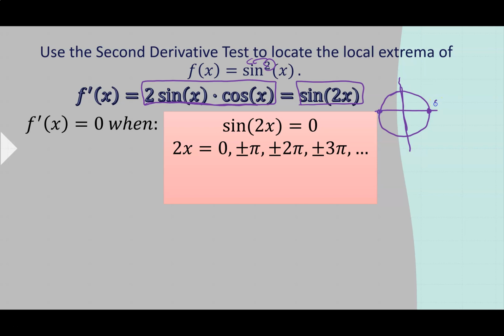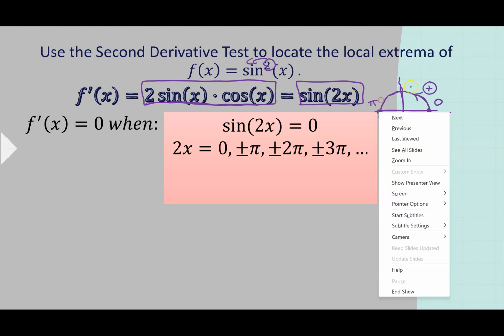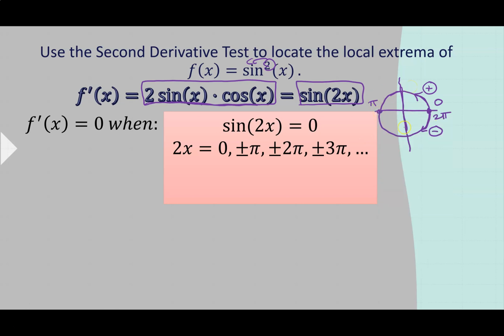So if you think about it, that's 0, that is pi, and 2 pi, and then you keep going, that's 3 pi, and so on, if you were going in this positive direction. And if you go in this direction, you will have the negative direction, but still it is 0: negative pi, negative 2 pi, and so on.